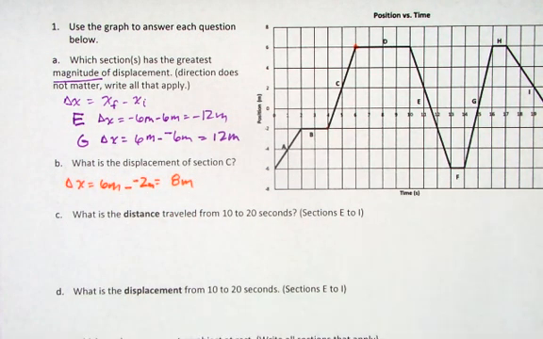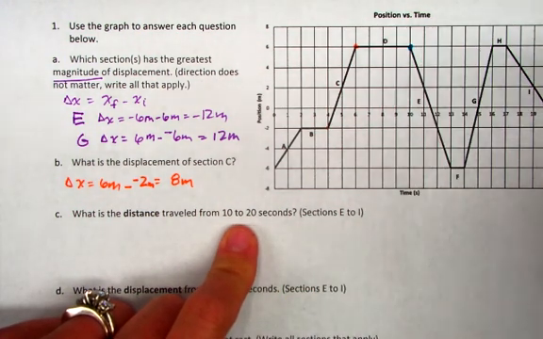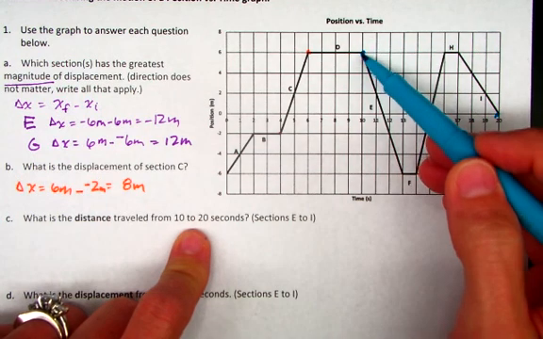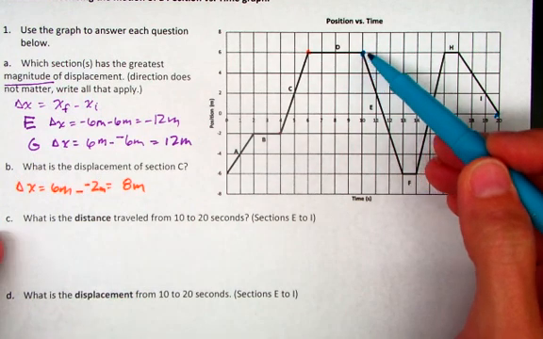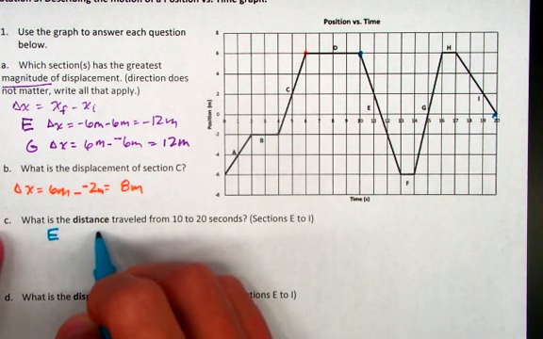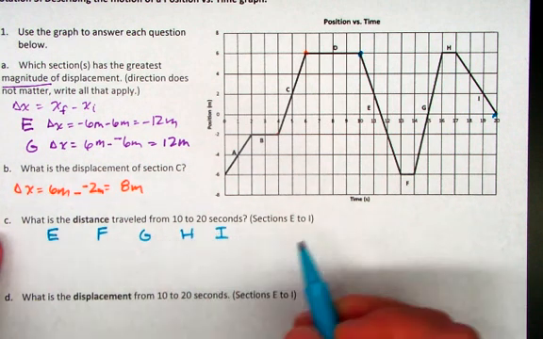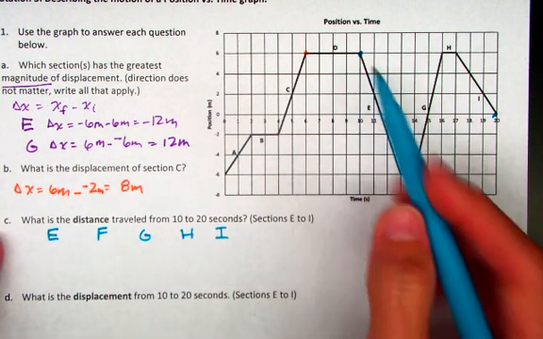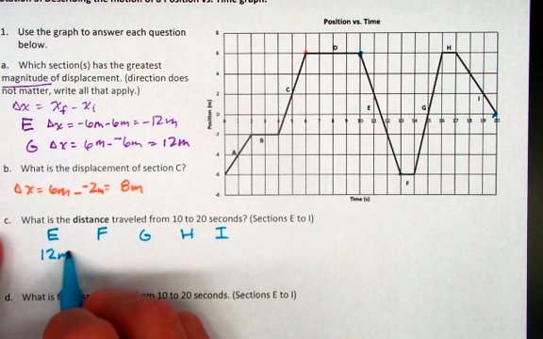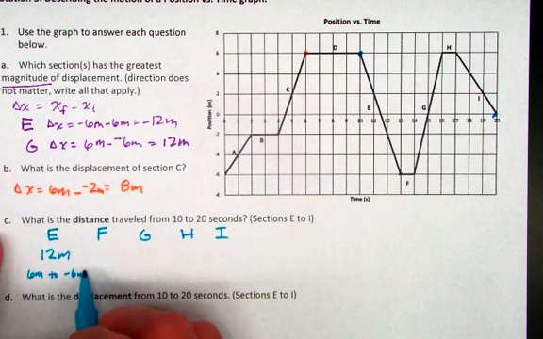The distance from 10 to 20 seconds. We're looking at the second half of the graph. Here's 10 seconds, here's 20. So I'm trying to find the total distance. In this first part, I am moving in section E, and then section F, and then G, H, and I. In section E, I'm moving 12 meters because I'm going from 6 meters to -6 meters.